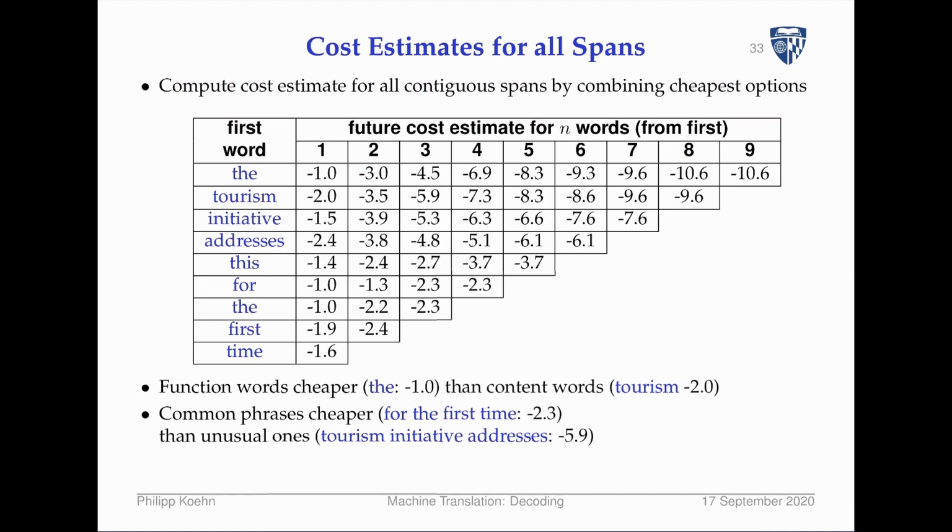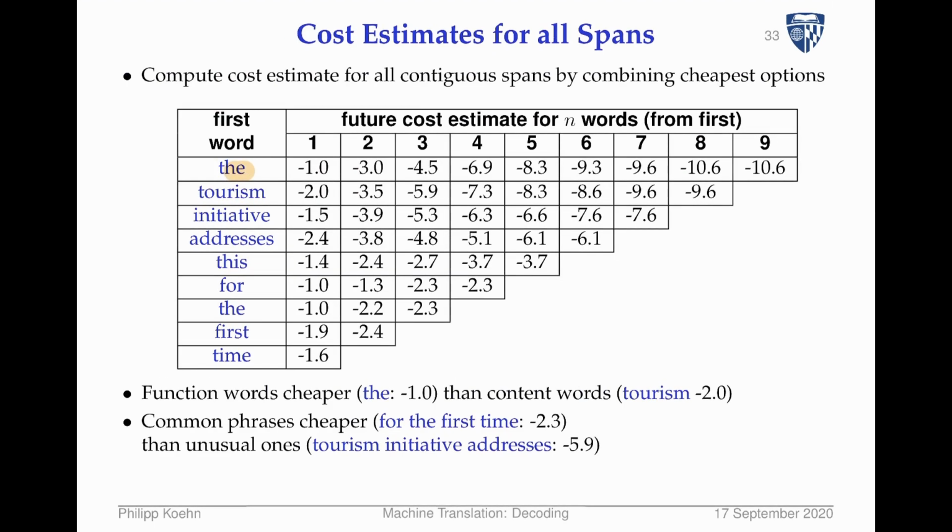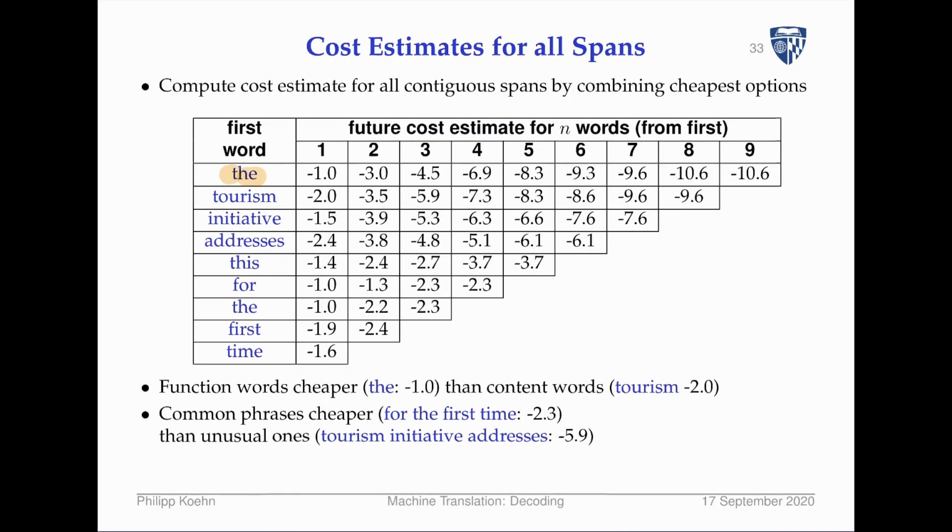So this gives us only coverage over spans for which we have phrase translations. So we have to expand that into spans that go anywhere in the sentence. The way you read this chart here is we start at different words, and then we go a number of words further.